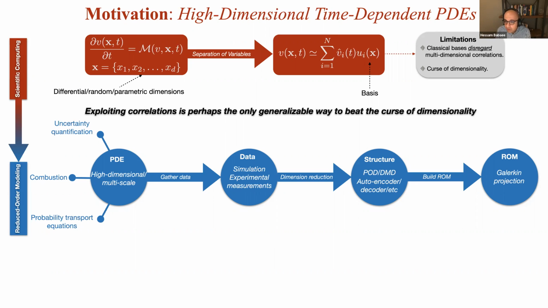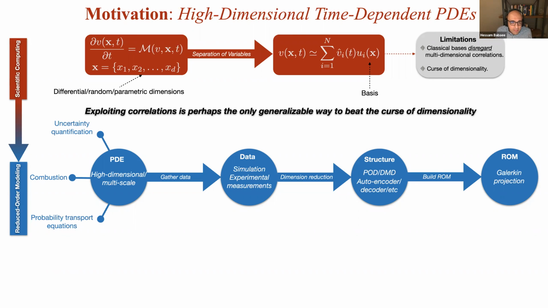Then we perform dimension reduction, with examples like POD, DMD, autoencoder, decoder. And then once we have that subspace, and the presumption here is that these high dimensional PDEs have an intrinsic dimensionality, and once we find it, we can go back and project the equation onto that low dimensional subspace, and then solve the equation in that subspace. So that's where you build your ROM or reduced order model.